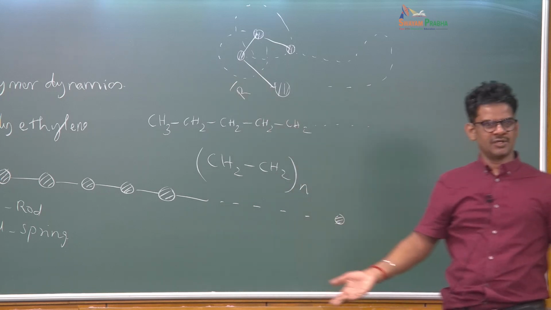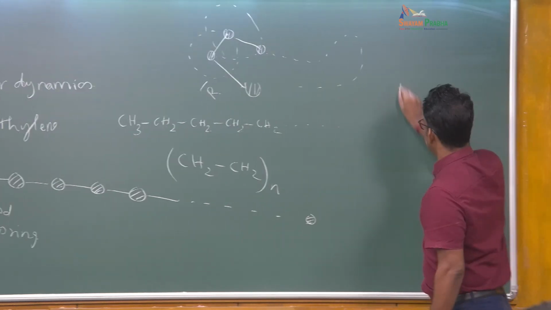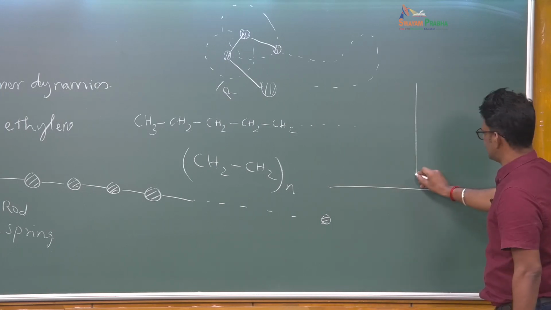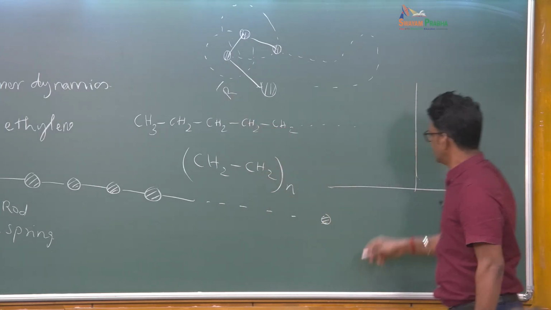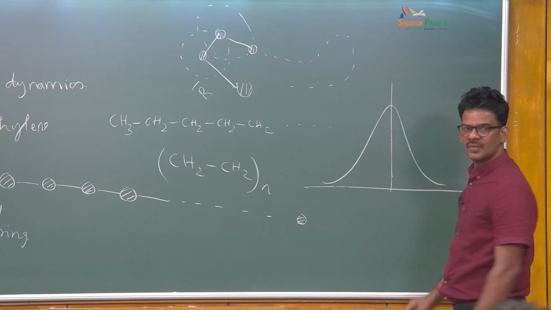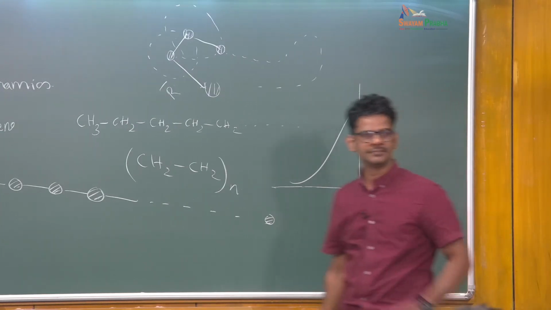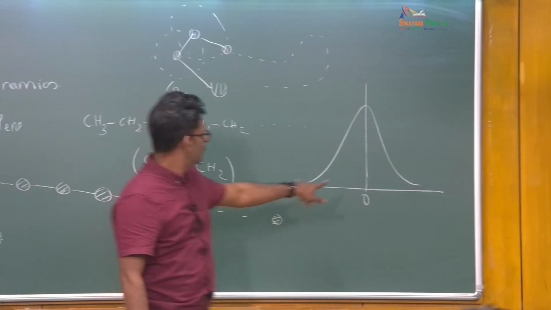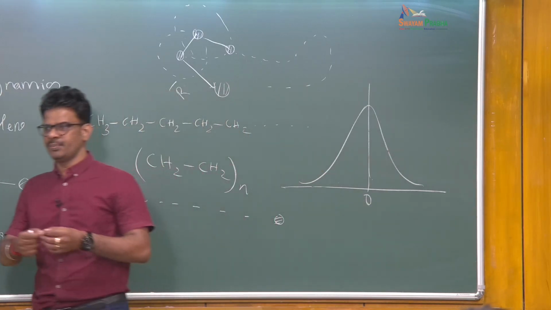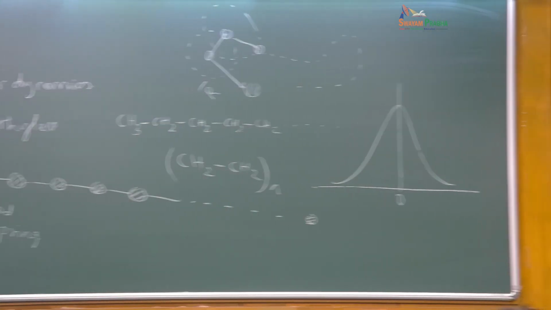You can actually work this out theoretically, and what you will see is that the probability of finding this end-to-end distance vector is a Gaussian, centered at 0. Okay, and the standard deviation of this distribution is going to depend on the chain length.